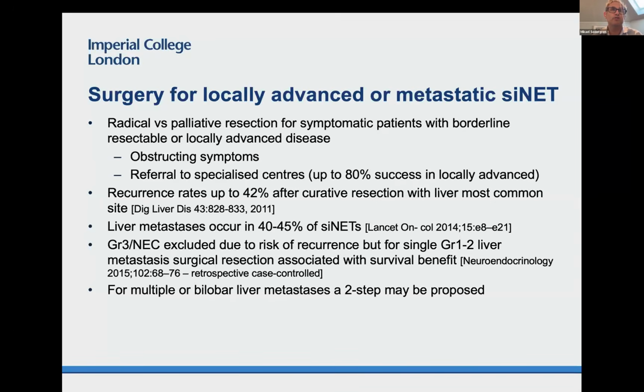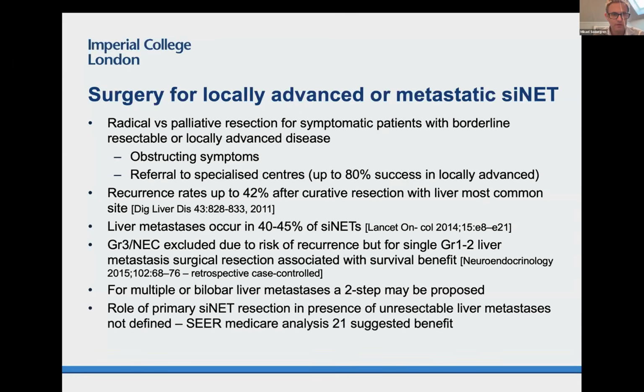That may be two-step surgery where you clear one lobe of the liver. You may or may not ligate the portal vein intraoperatively, and then you come back and do a larger resection on the other side. Or preoperatively, you do a portal vein embolization so that you're able to do, for instance, a right hemihepatectomy.